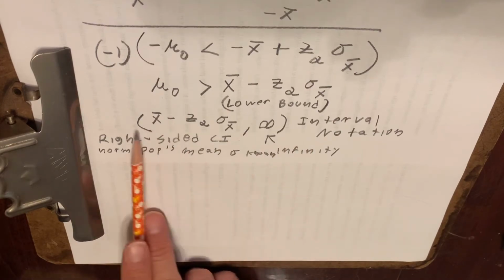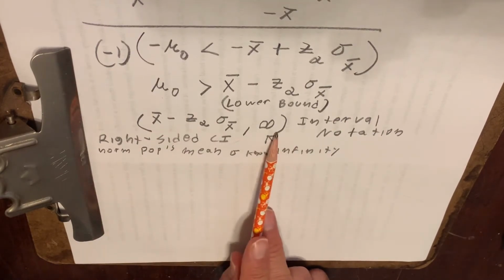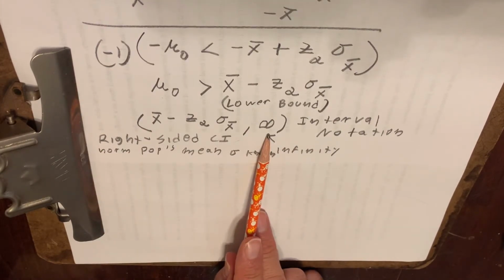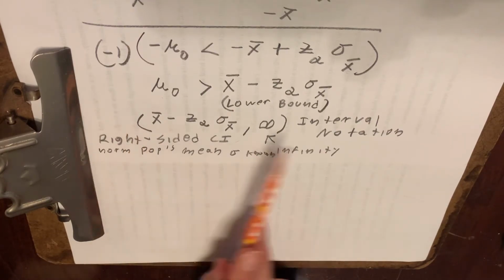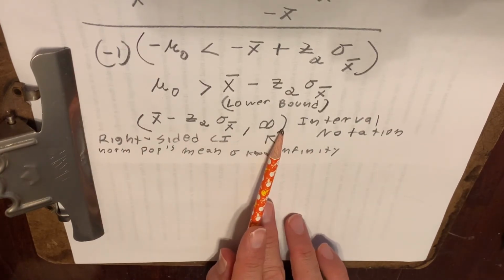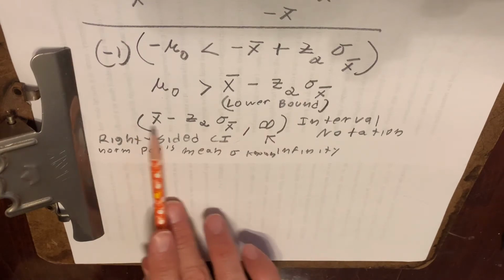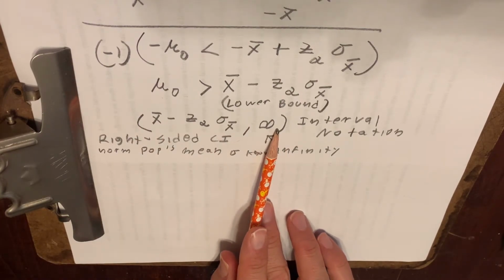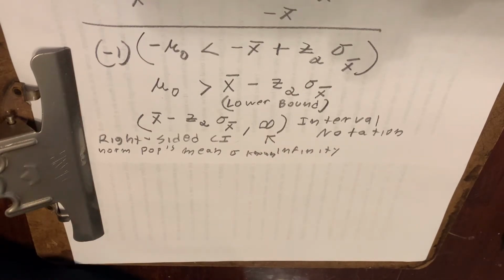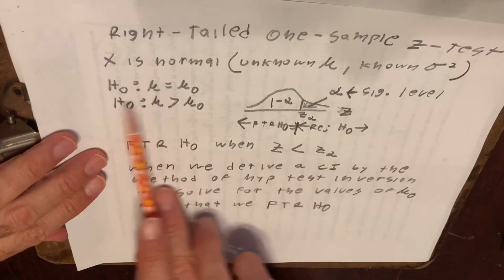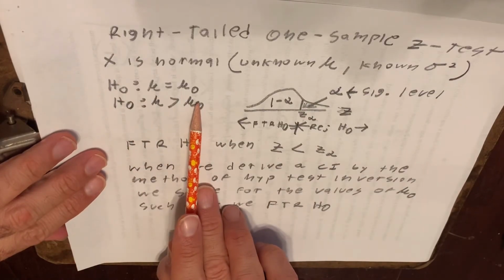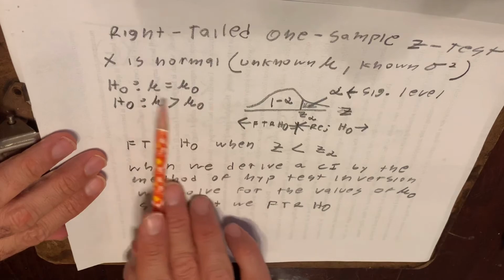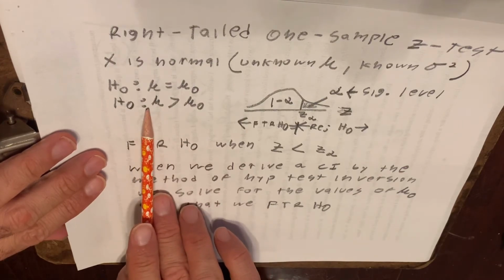But this is the confidence interval that you get using the method of hypothesis test inversion. So we can use this confidence interval to test a right-sided hypothesis. In other words, let's say we wanted to do the z-test using the confidence interval method.